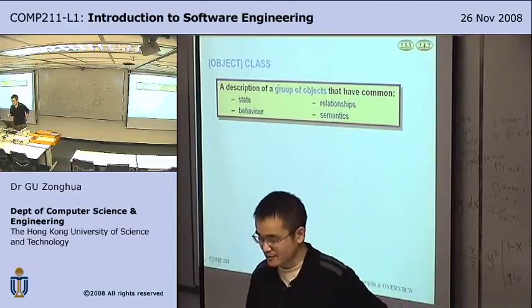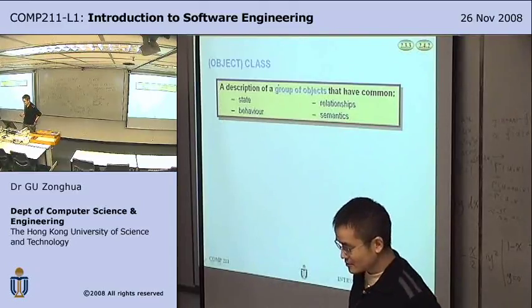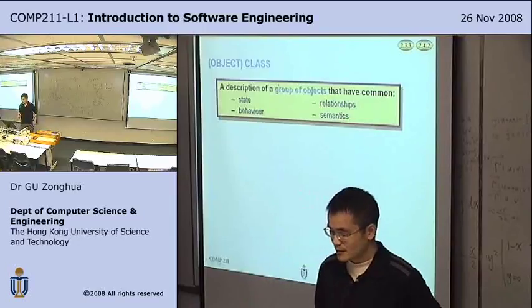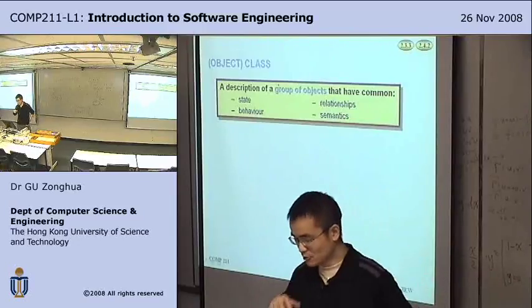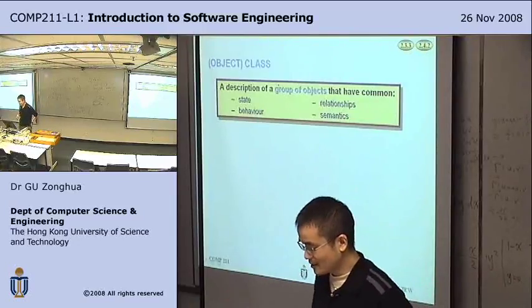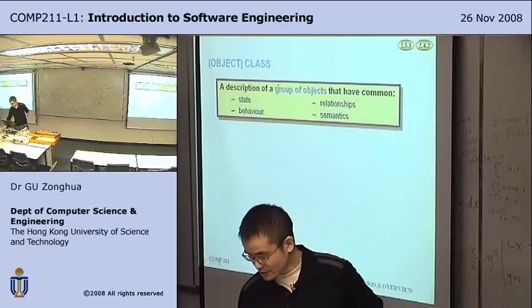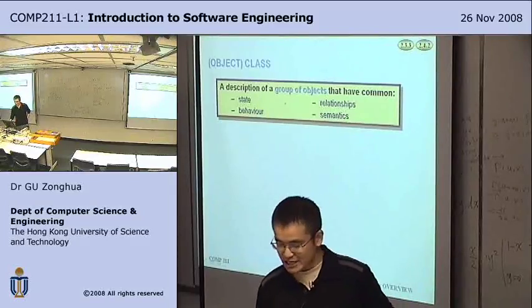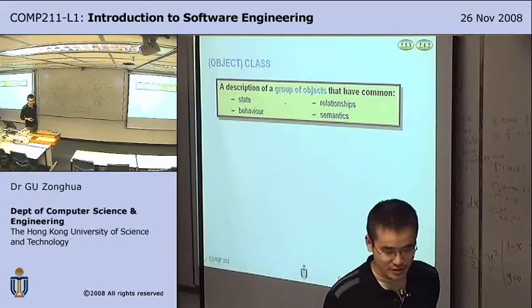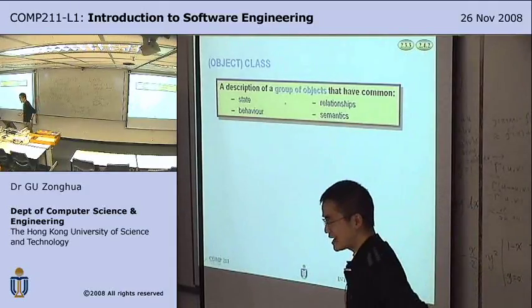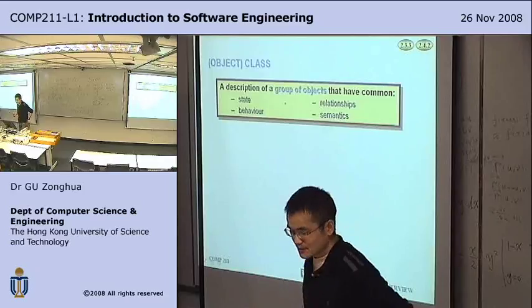Semantics is the meaning. We didn't discuss semantics much in this course, but there's a whole area of study on formal semantics for programming languages. So they have common state, behavior, relationship. It means that they have common attributes, common operations. If there's a state machine, they have common state machine.